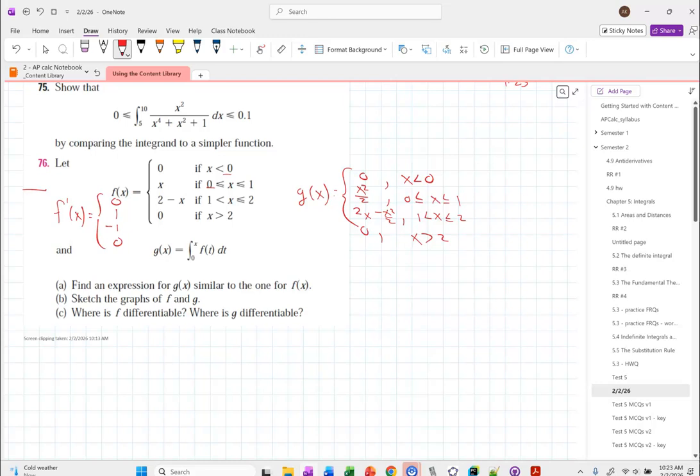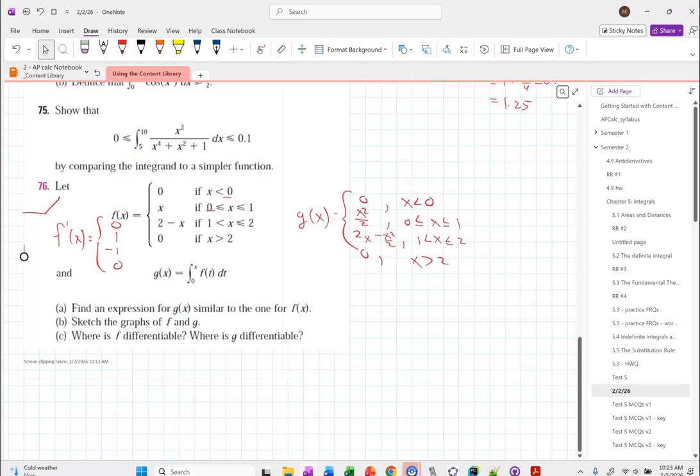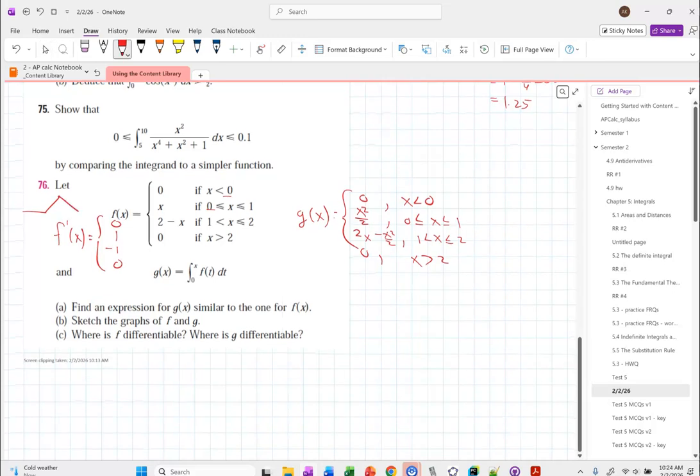It's going to go like that. At 1, the slope changes from 1 to negative 1. What is that going to mean? Corner. And then at 2, the slope is going to change from negative 1 to 0. That's a corner. So we're just not differentiable at 0, 1, and 2.